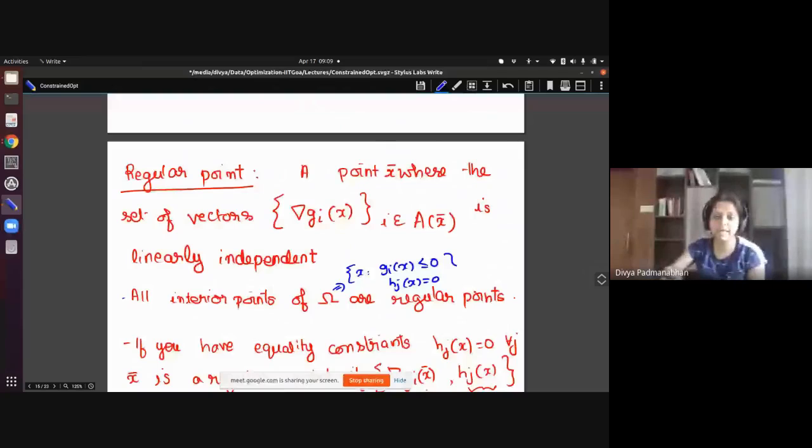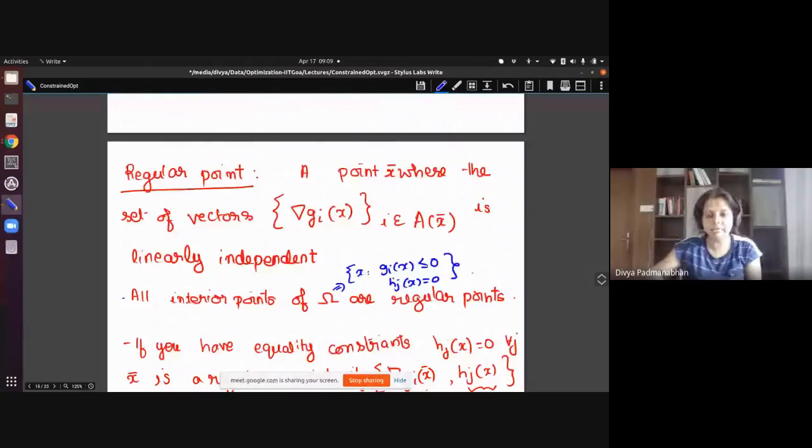Here, for the interior points, none of these constraints are going to be satisfied with equality. So the set of active constraints is empty, and by default these are regular points.